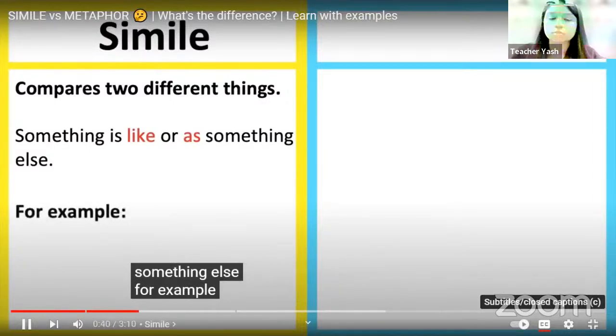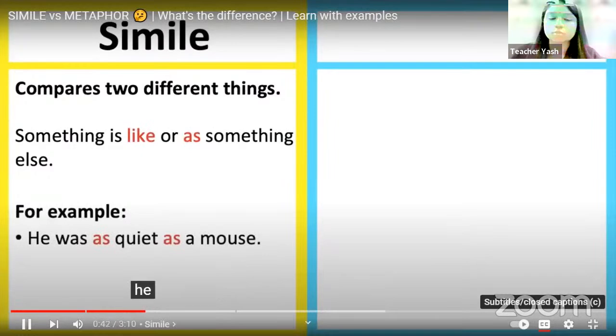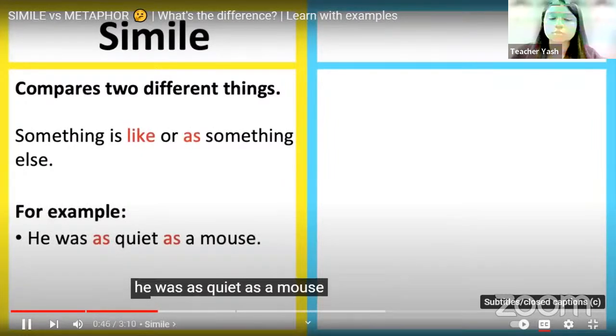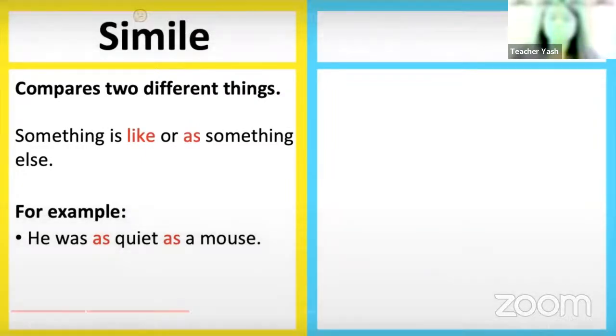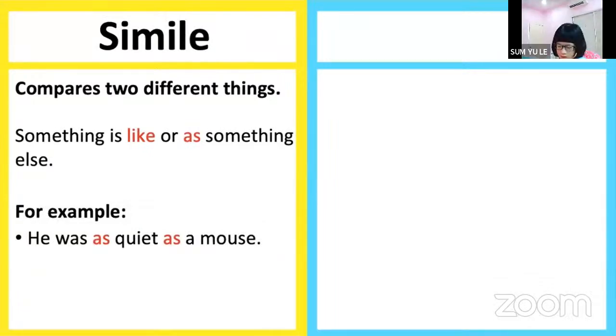For example, he was as quiet as a mouse. In this example, I'm comparing how quiet he was with how quiet a mouse is, therefore emphasizing that he was very, very quiet. She swam like a fish. In this example, I'm describing how good she was at swimming.